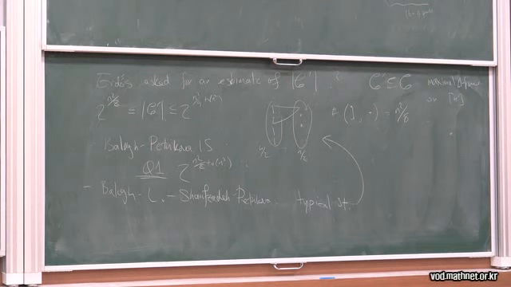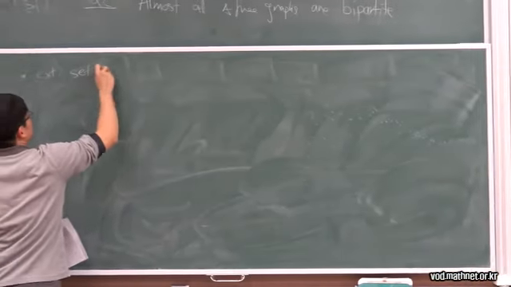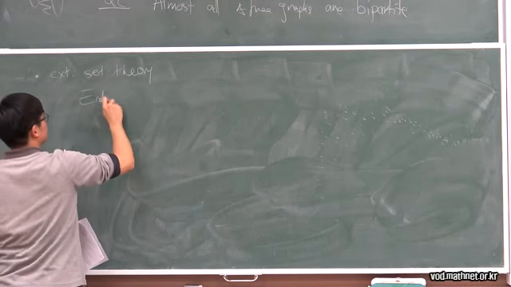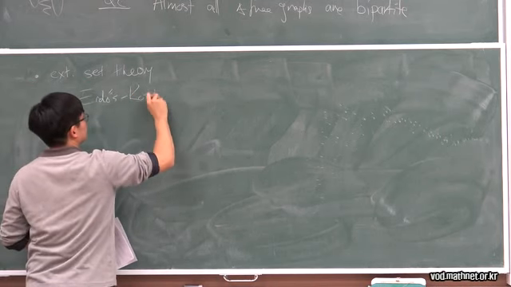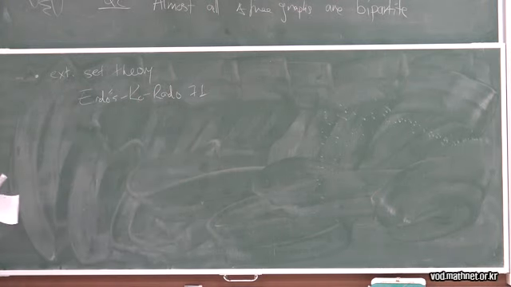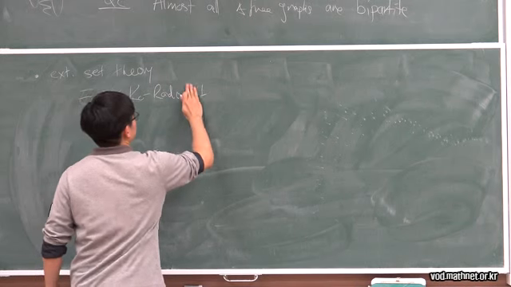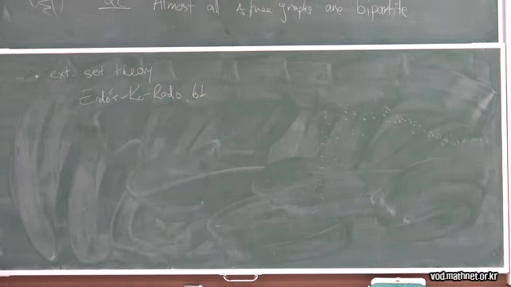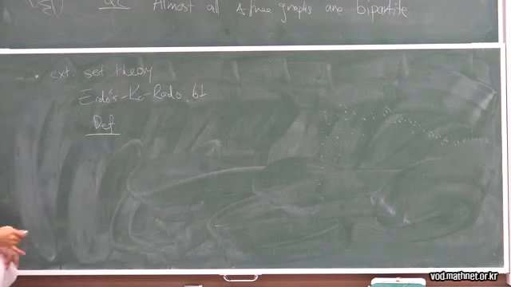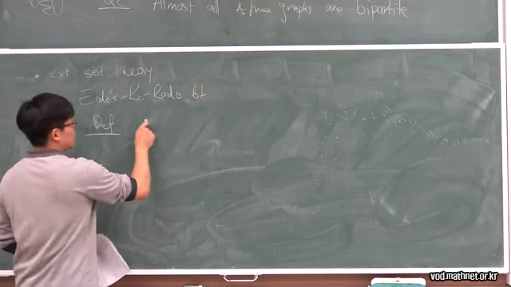For example, one of the fundamental theorems in extremal set theory is Erdős–Ko–Rado, proved in the 60s. There's this notion of an intersecting family.